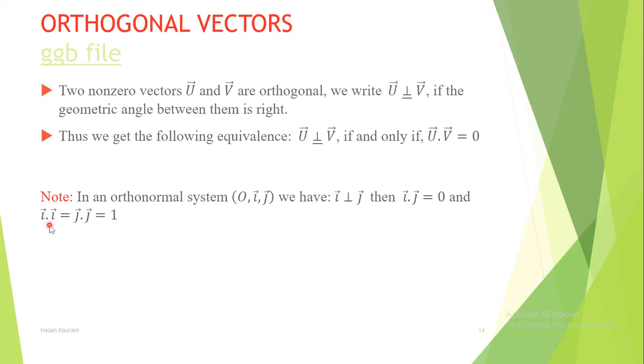As you know, from previous particular case, u dot u is magnitude of u square, and here i dot i is magnitude of i square. And as you know, it's an orthonormal system, and the magnitude of i is 1 unit, magnitude of j is also 1 unit. For this reason, we directly can notice that i dot i is 1 and j dot j is also 1, or magnitude of j square, 1 square, is also 1. Okay, that's it.